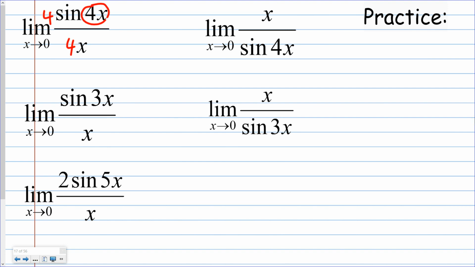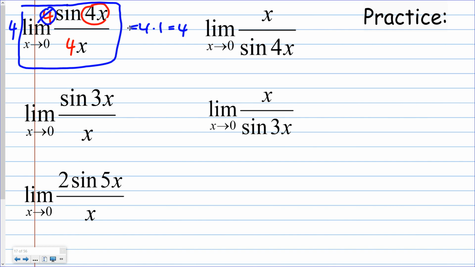And limit properties tell me if I have a scalar that's multiplying this whole algebraic expression, I can pull the scalar out to the front, right? And I know what this answer is. What's this answer? 1. So this is 4 times 1, which is 4. You guys see how that works? And I think a lot of you guys kind of know the shortcut to this too. But this is mathematically why this answer is 4.